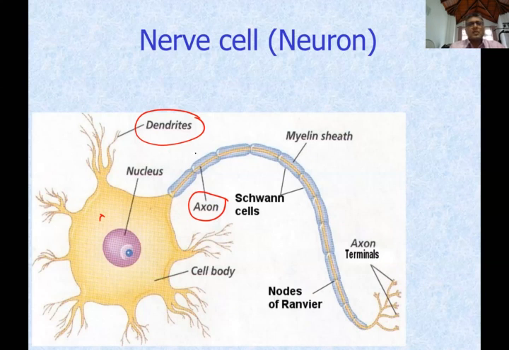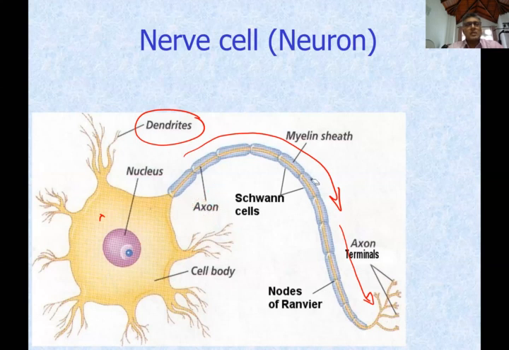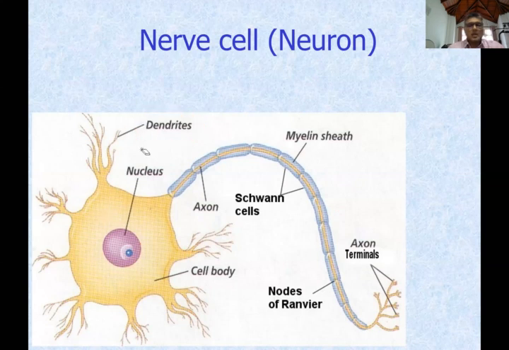So all your peripheral nerves, especially the nerves that you have seen, cranial nerves you have not seen yet, you have seen median nerve, ulnar nerve, radial nerve, musculocutaneous nerve. All these nerves are formed of axons. Whether they are sensory nerves or motor nerves, they are formed of axons. Remember that point. So these long nerve fibers are called axons.